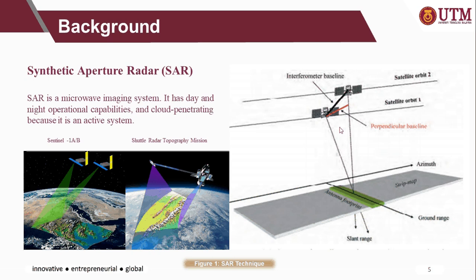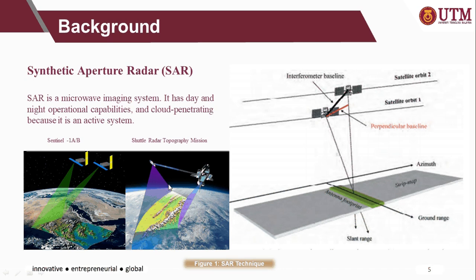By combining the phase of two images after co-registration, an interferogram can be generated whose phase is highly correlated to the terrain topography.